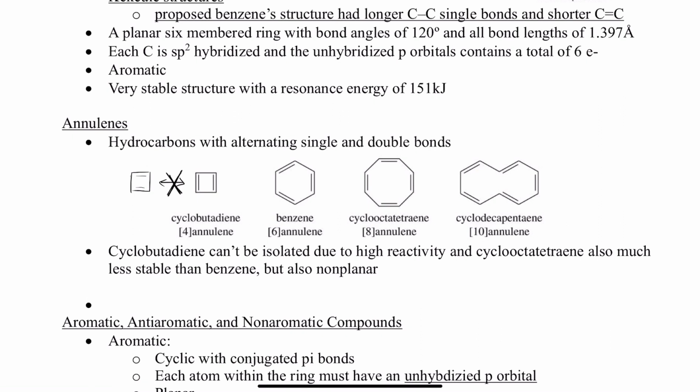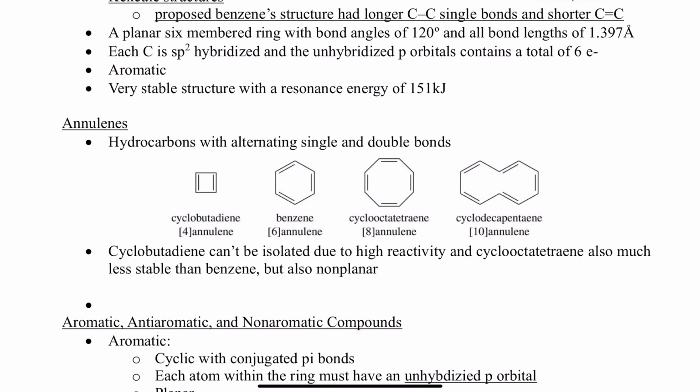This is not possible. Cyclobutadiene cannot be isolated because it is extremely reactive. And we know that benzene is super, super stable. It doesn't react with potassium permanganate, or if we were to do a bromine test of unsaturation, there is no reaction. Whereas cyclobutadiene over here is super, super reactive. So that can't be an aromatic compound.